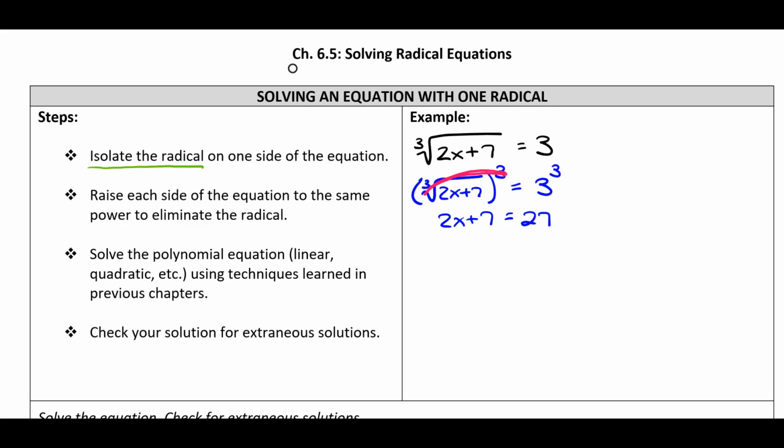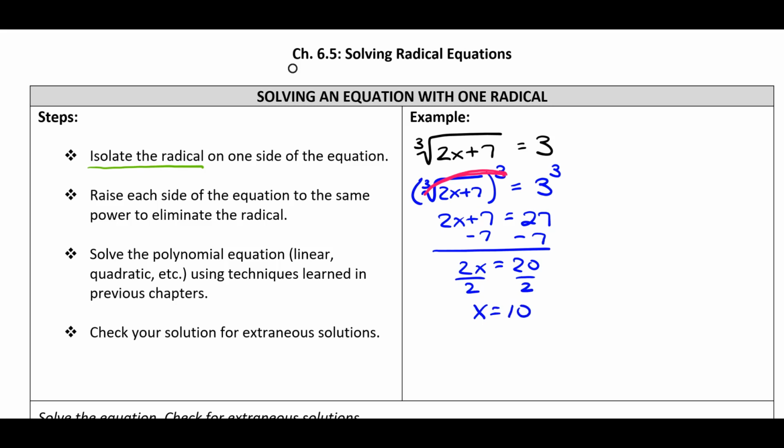It could be linear, quadratic, cubic, quartic, anything, but for the most part it's going to be either linear or quadratic. This is linear because it's got a power of 1 on the x. So the next thing we're going to do is subtract 7 and solve this linear equation. 2x equals 20, then we divide by 2, so x equals 10.